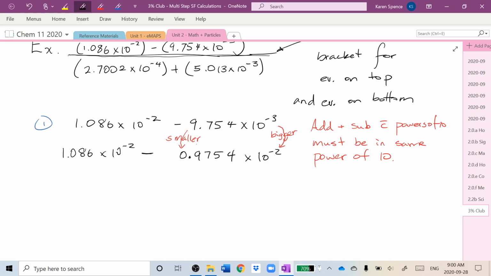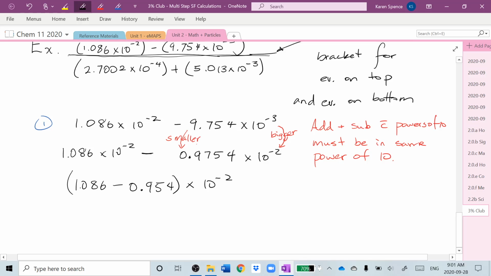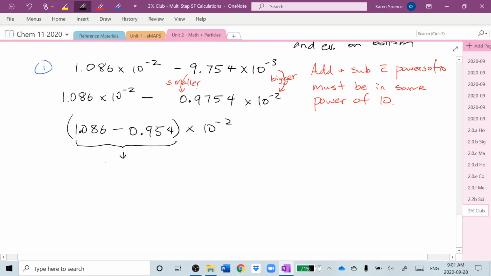So you would take 1.086 minus 0.9754, and that would all be times 10 to the negative 2. This you would plug into your calculator, and you would get 0.1106 times 10 to the negative 2.